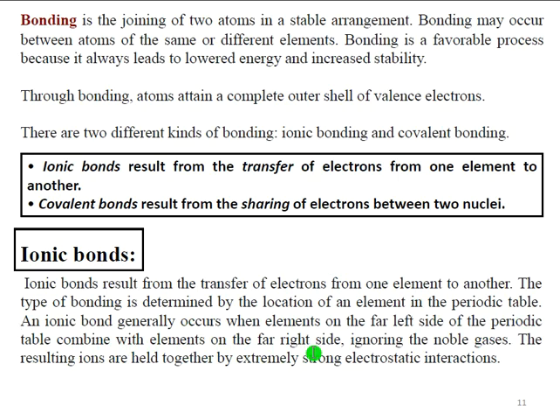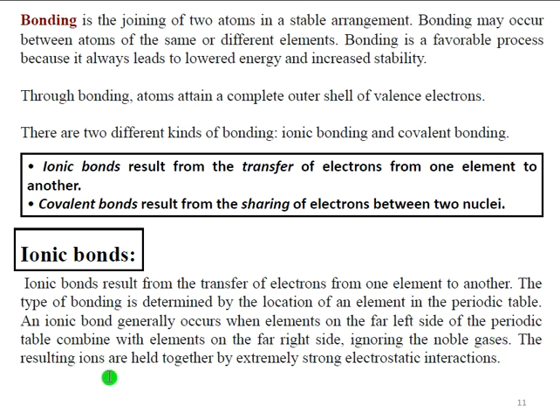That means the ionic bond can occur between elements from the left side and elements from the right side, ignoring the noble gases, because I said to you before that noble gases are inert and cannot react with other atoms.